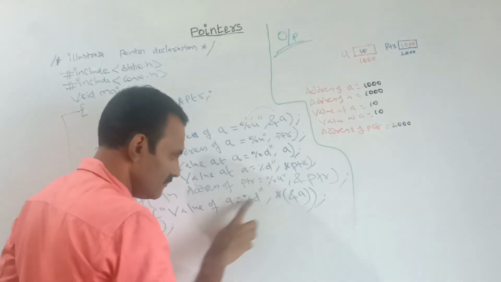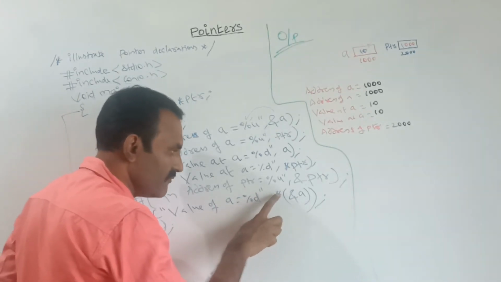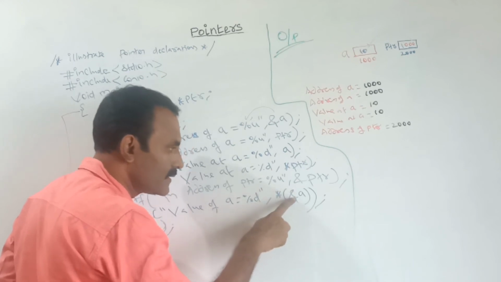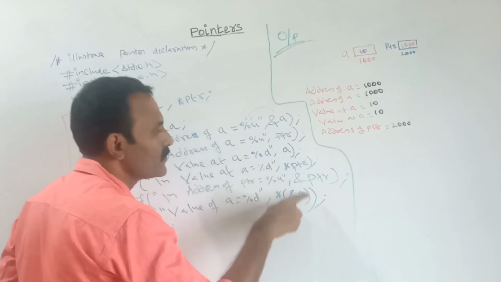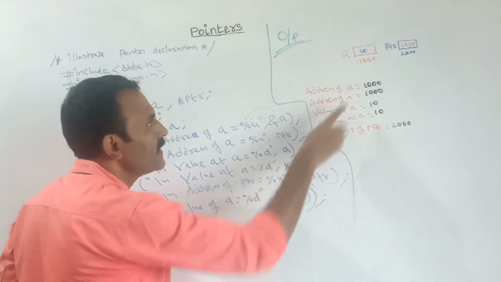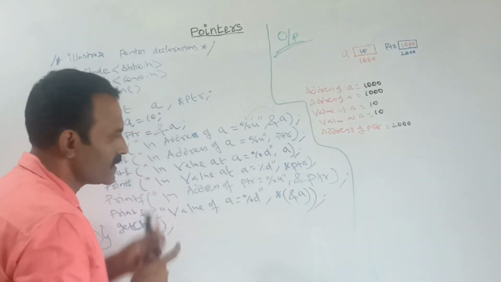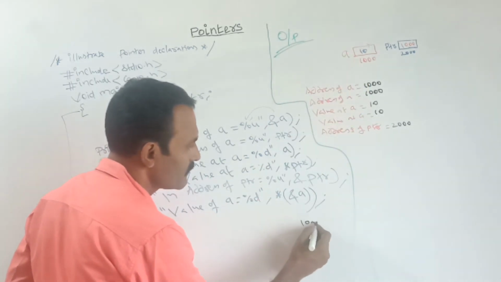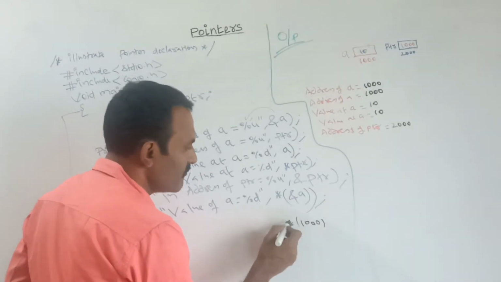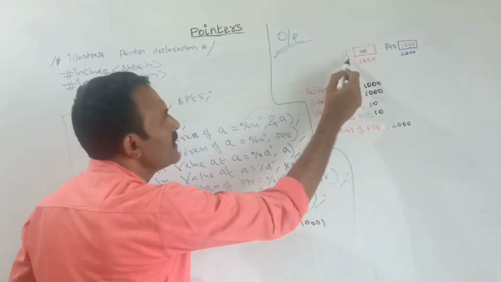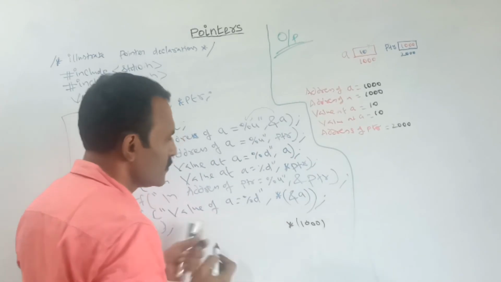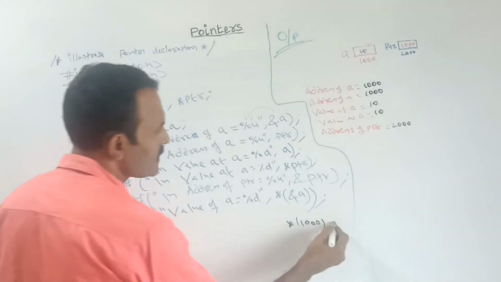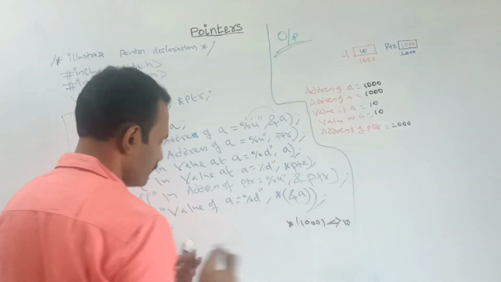So I am telling it to print value at address of A. What is the address of A? 1000. Value at 1000. What is the value at 1000? The value is 10. So it will print 10.